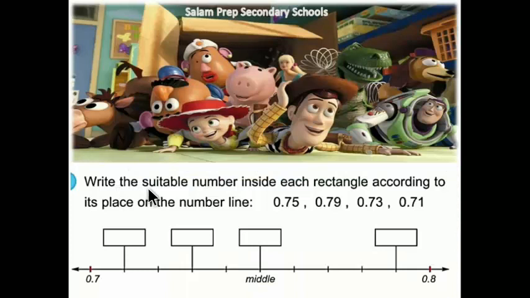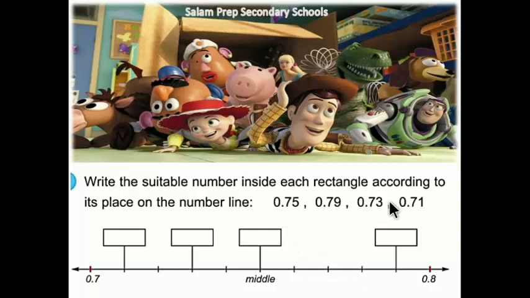Write the suitable number inside each rectangle according to its place on the number line. This is a number line. Begin with 7 tenths. End with 8 tenths. These are decimal numbers, okay? This is the middle between 7 tenths and 8 tenths.